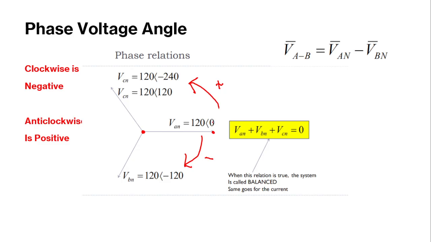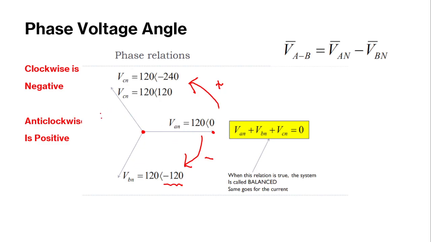So if the reference is at 0, if you go this way 120, it will be minus 120. And if you go this way from 0, it will be 120. If you keep going in this direction, this will be minus 120, and then this will be minus 240. But just know, from the reference, 120 to the left is positive 120, which is your C phase, and then 120 to the right will be minus 120, which is your B phase.